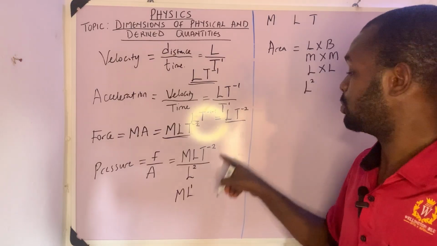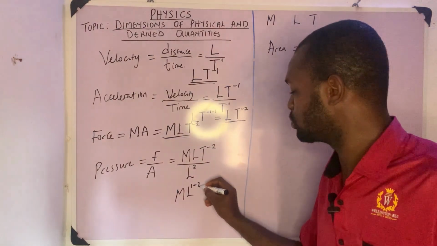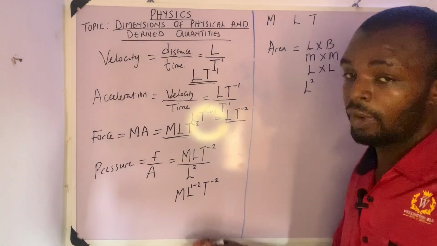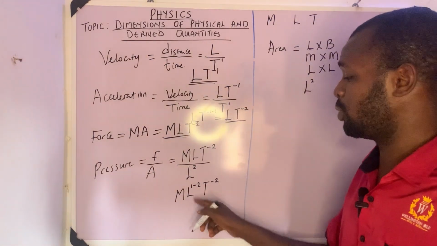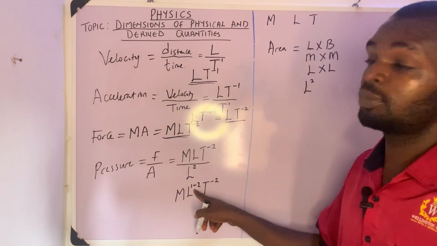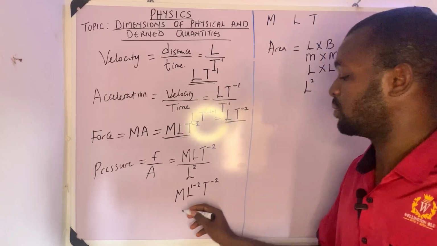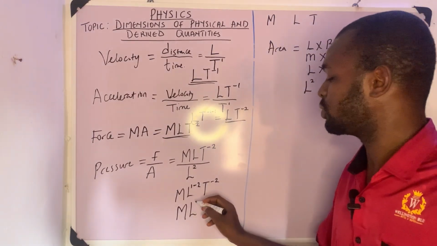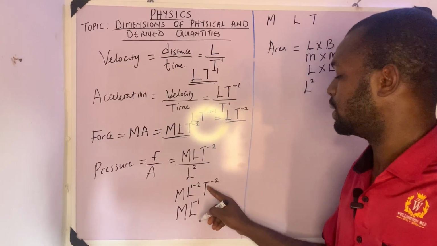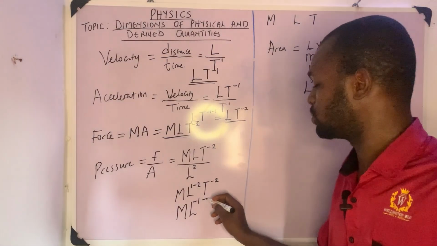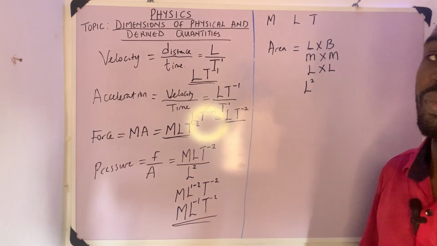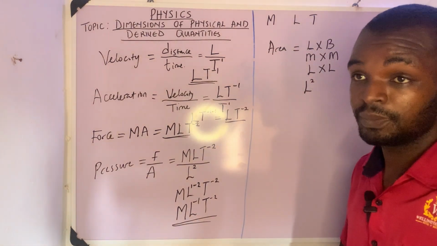L is having 2 down, it will go up and change to -2, and T will come down as T^-2. Forming it, nobody is up now, nobody is down. But we can't stop here because there is something to be simplified. So now the final answer will be L^(1-2) is L^-1, then T^-2. So this becomes the dimension of pressure: ML^-1T^-2.